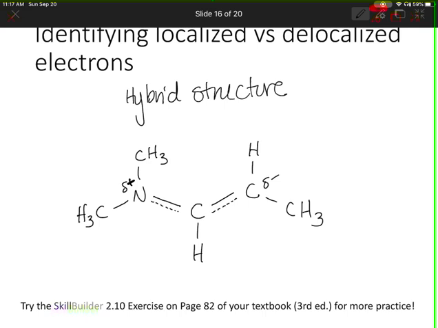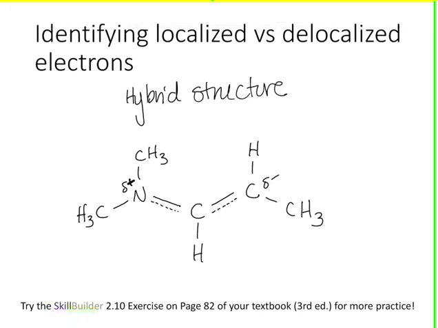Now, one other thing, what is the hybridization of the nitrogen? So let's think about its steric number. How many things is it bonded to? 3. So if it's bonded to 3 other groups, is it sp hybridized, sp2 hybridized, or sp3 hybridized? sp2 hybridized.